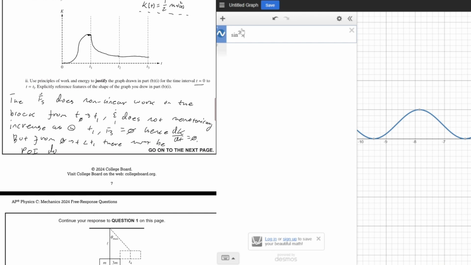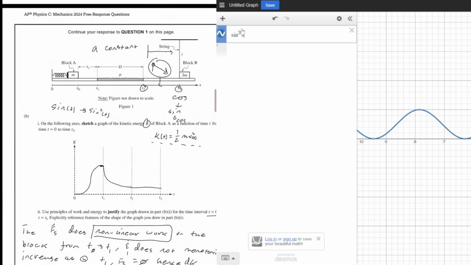So we'll just say due to simple harmonic motion trend, the block goes under. I'm kind of over explaining it here, but they want to hear that it does non-linear work, right? And they want to explain the shape. So it's not monotonically increasing. So dK/dt has to equal 0 here because the velocity is unchanging, right? It has to flatten out to where acceleration is equal to 0.